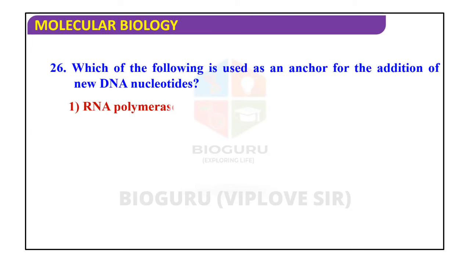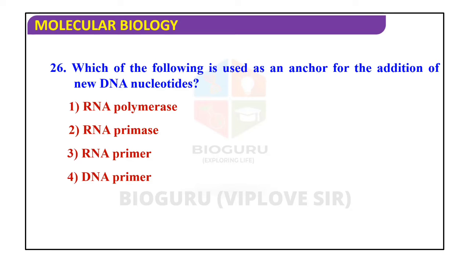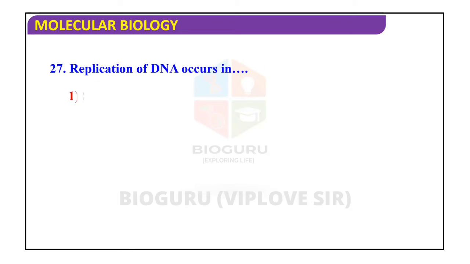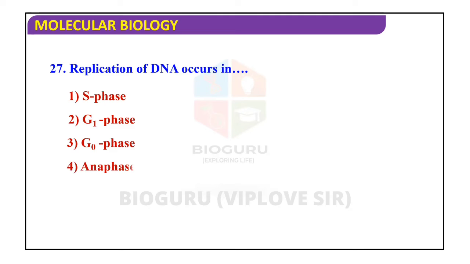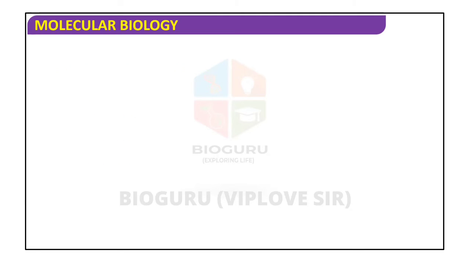Which of the following is used as an anchor for the addition of new DNA nucleotides? RNA polymerase, RNA primase, RNA primer, or DNA primer? It is RNA primer. That's good. Replication of DNA occurs in S phase, G1 phase, G0 phase, or anaphase. It is S phase.